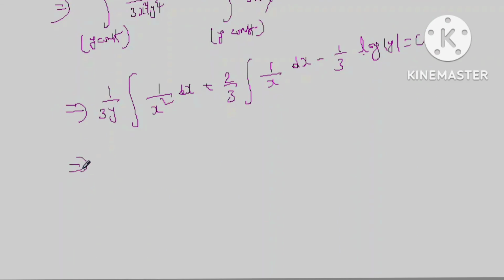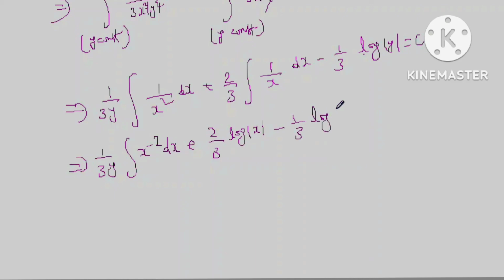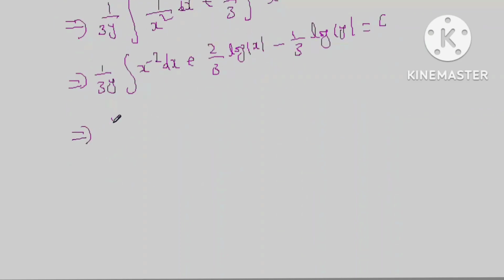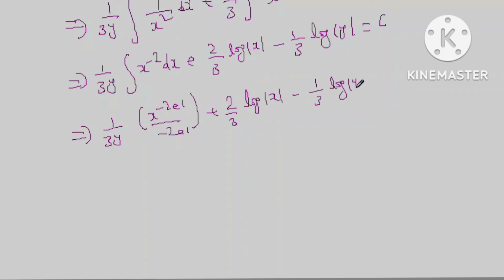So this implies 1 by 3y integral x to the power of minus 2 dx plus 2 by 3 log modulus x, minus 1 by 3 log modulus y. So this implies 1 by 3y into x to the power of minus 2 plus 1 by minus 2 plus 1, plus 2 by 3 log mod x minus 1 by 3 log mod y is equal to c.